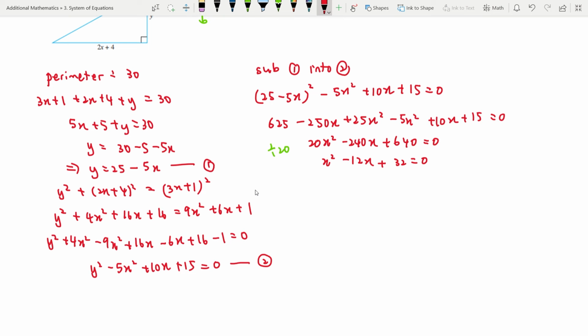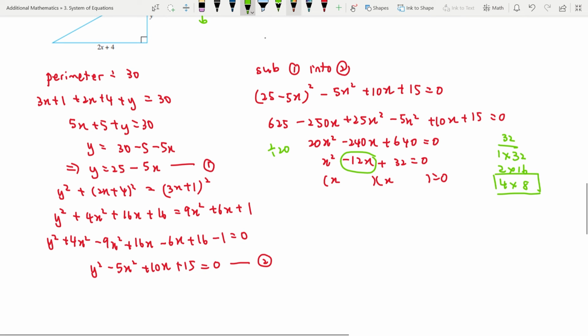Then we need to factorize this quadratic equation. x squared, it can only be x and x. 32, it can be 1 times 32, 2 times 16, or 4 times 8. We need to get a negative 12x. Hence, we will choose this combination. 4 and 8.